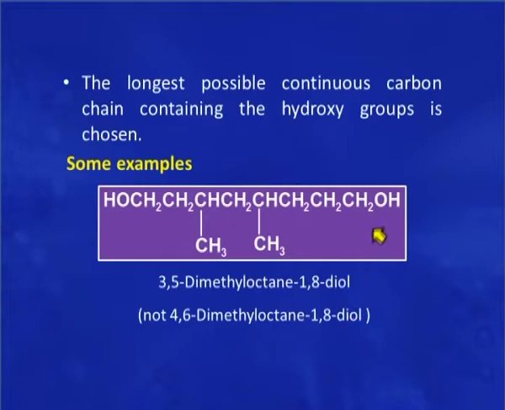If we number it from one end, the methyl groups come at positions 4 and 6, whereas if we number it from the other end, the positions come out to be 3 and 5. So, you can very easily decide that the right IUPAC name for this molecule will be 3,5 dimethyl octane 1,8 diol and not 4,6 dimethyl octane 1,8 diol.